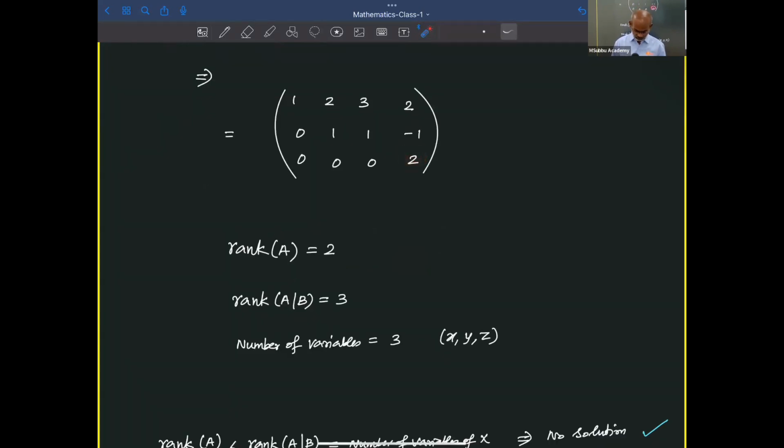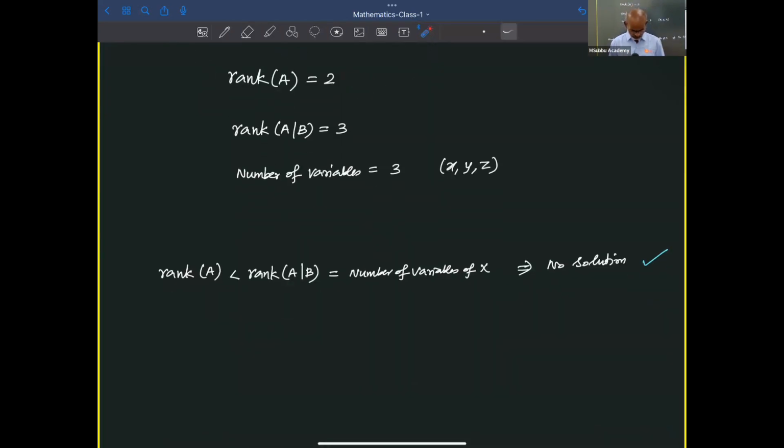So of course, you can easily say that the rank of the original 3 by 3 matrix is only 2, whereas the rank of the augmented matrix is coming as higher than 2. If the rank of A and the rank of AB are equal, we can get some solution, but here these two are different.